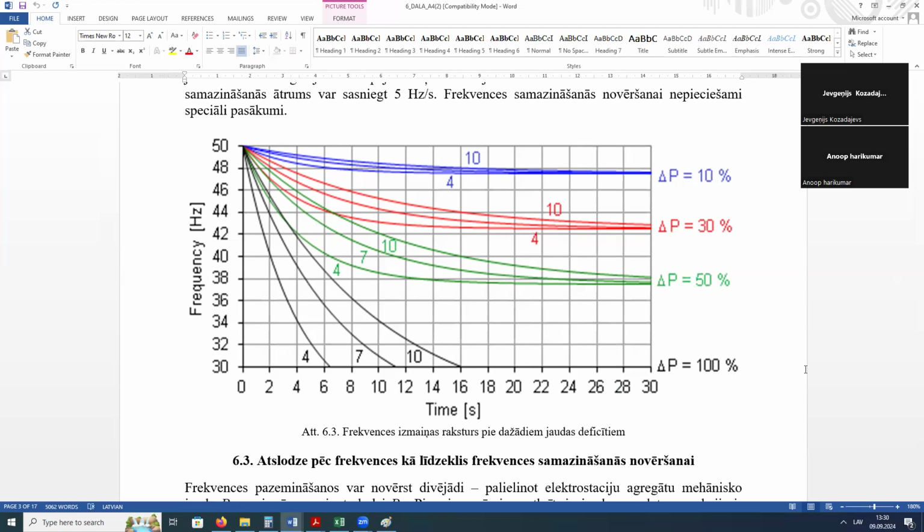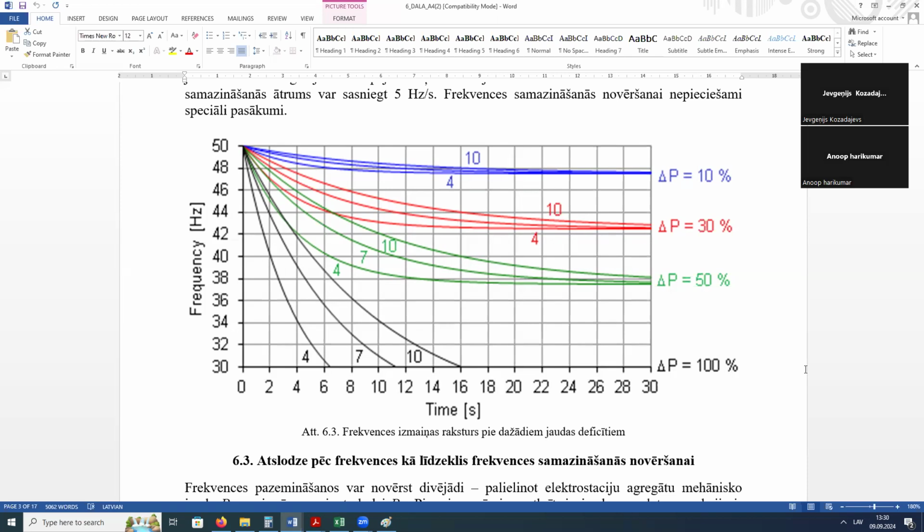In this case, we have special under-frequency automation to save the power system from a blackout. It is clear that if we don't have generation power, we can't produce more.